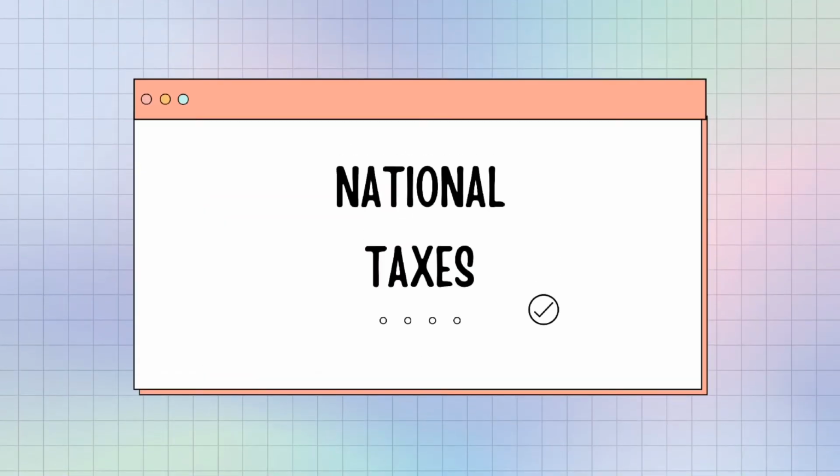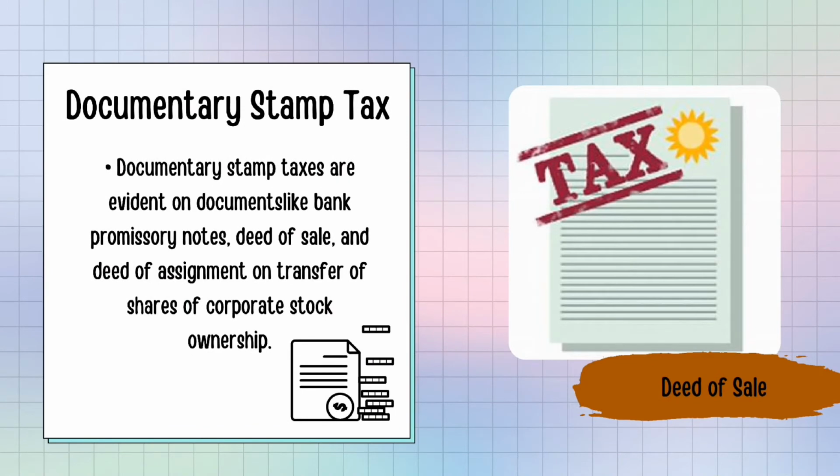The national taxes. Documentary stamp tax. Documentary stamp taxes are evident on documents like bank promissory notes, deed of sale, and deed of assignment on transfer of shares of corporate stock ownership.